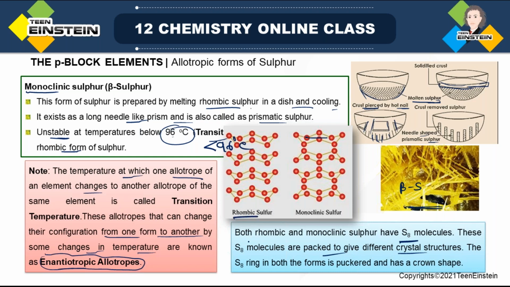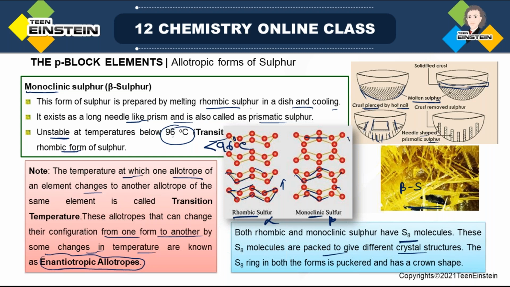figures. When it is rhombic sulfur, all the orientations of the crown are towards the same side. See, the orientation is the same. But if you consider the second one, that is the beta sulfur, now this crown is inverted, then again this crown is in normal position.